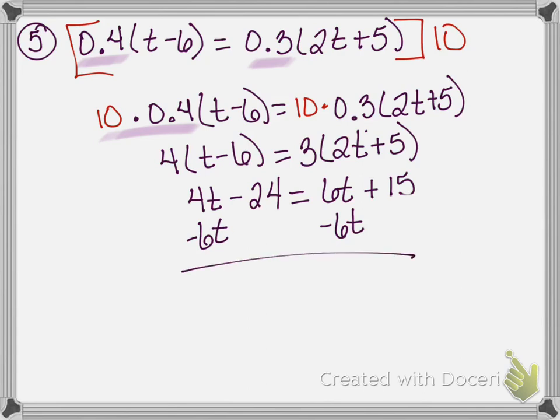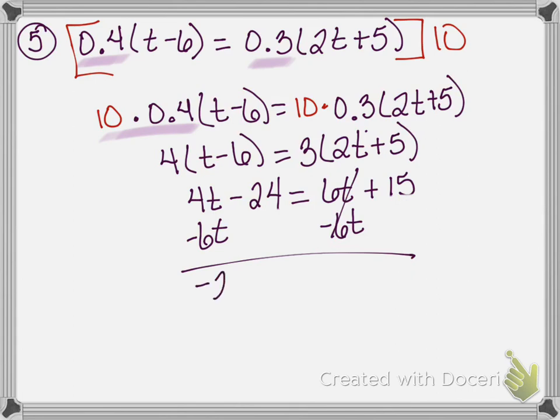It's just a good habit to get into. I realize that in this situation, you might not want to move the variable to the left, and that's okay. It's okay to move the variable to the right. It's just super helpful when you're doing inequalities to always move your variable to the left. So that is why I often say move your variable to the left. So I'm going to deal with that 6t, and I'm going to subtract 6t from both sides.